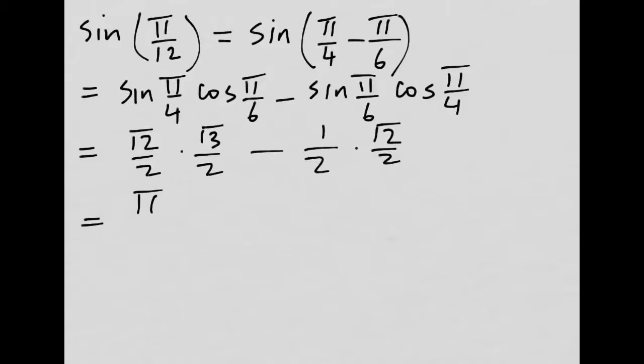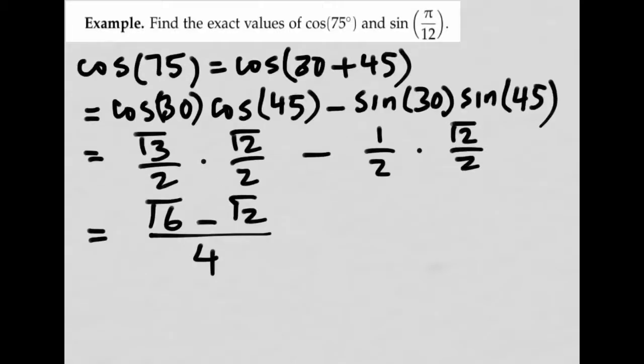Combining, we get root 6 minus root 2 divided by 4, which notice is the exact answer we got for cosine of 75 degrees. And that's not surprising because 75 degrees and 15 degrees are complementary angles. They add up to 90 degrees. So the cosine of one of them will equal the sine of the other, and vice versa. That's why we got the same answer for both problems.